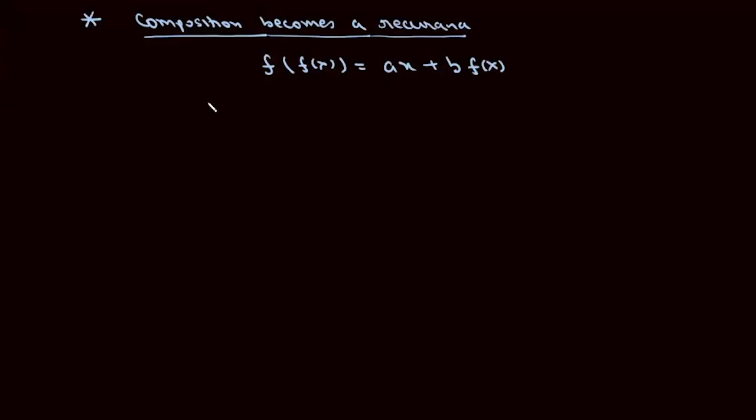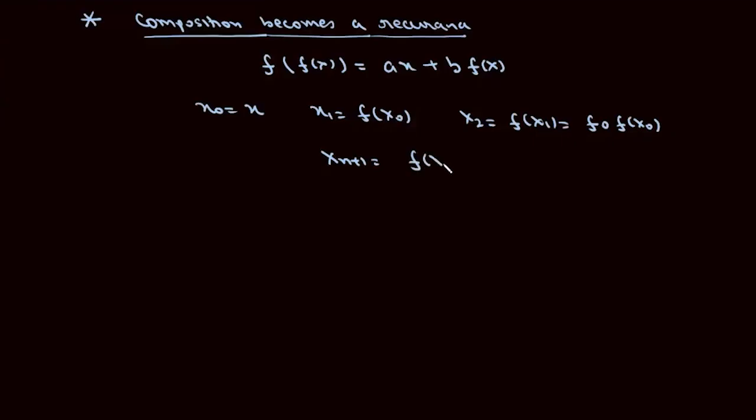We'll define the orbit as x0 equals x, then x1 is f(x0), x2 is f(x1), basically f(f(x0)), and x_{n+1} is f(x_n).